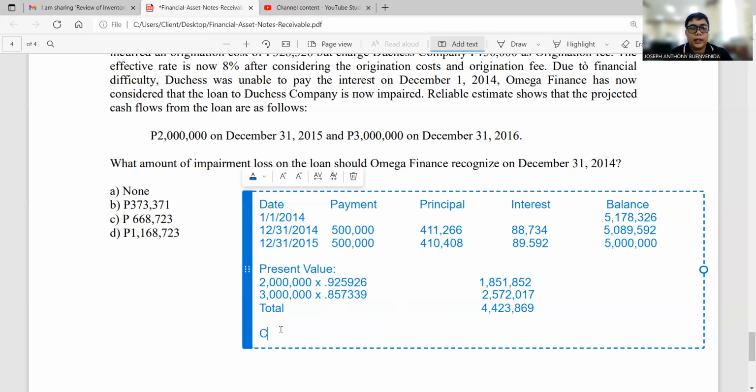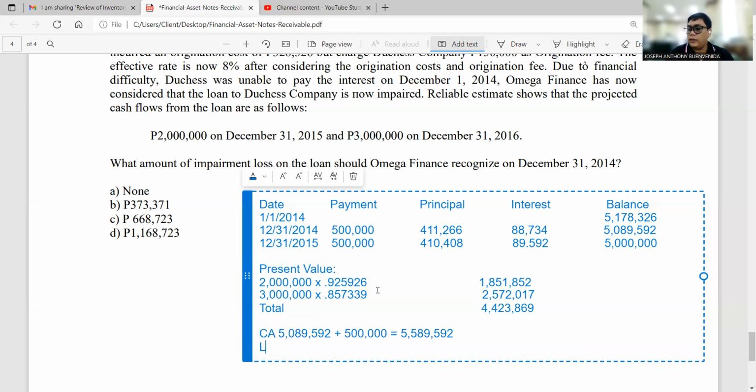So, carrying amount is 5,089,592 plus its accrued interest receivable, which is the 500,000 for the next year. So ang total niya is 5,589,592.